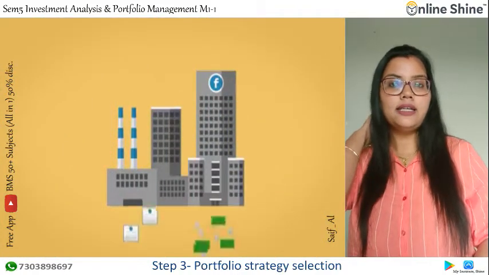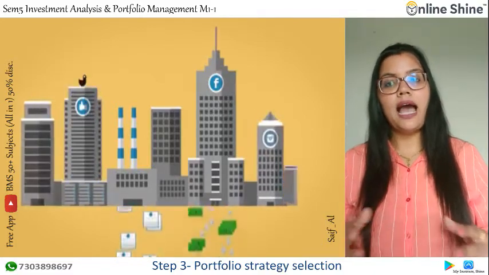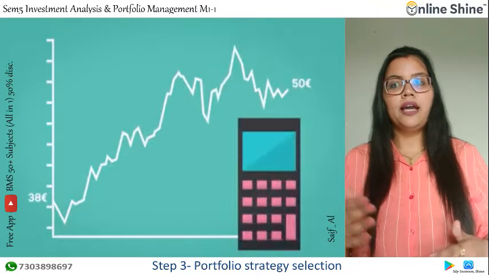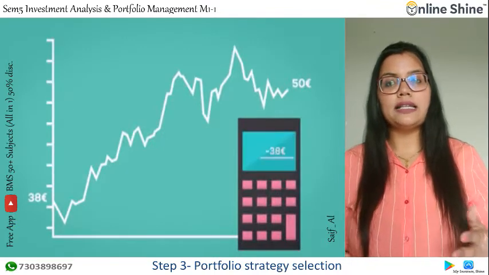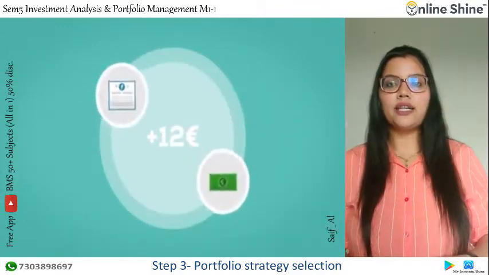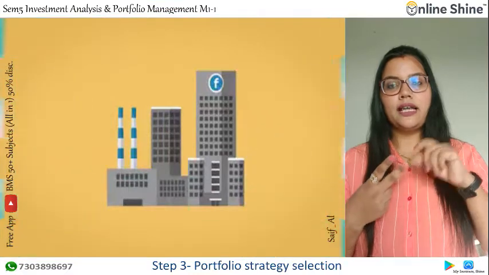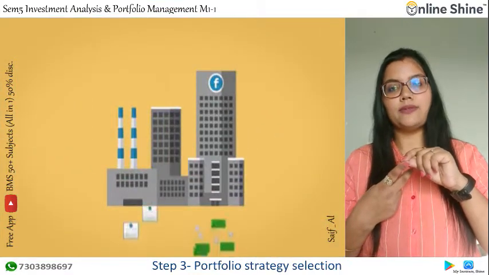The strategy that conforms to the investment policies and investment objectives should be selected. There are two types of portfolio strategy. The first one is active management and second one is passive management.